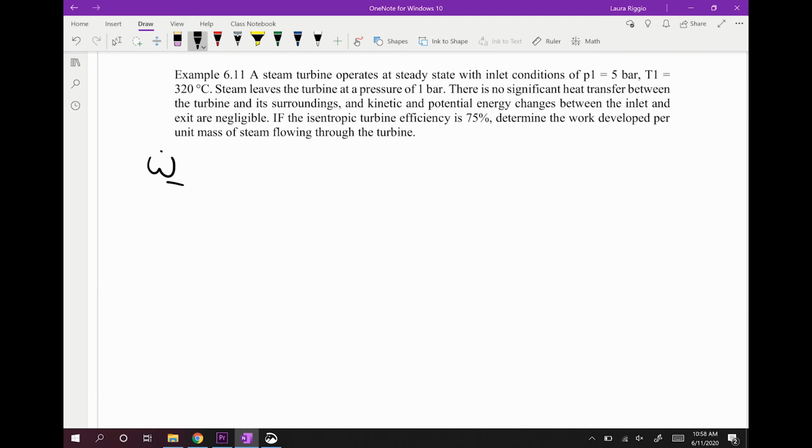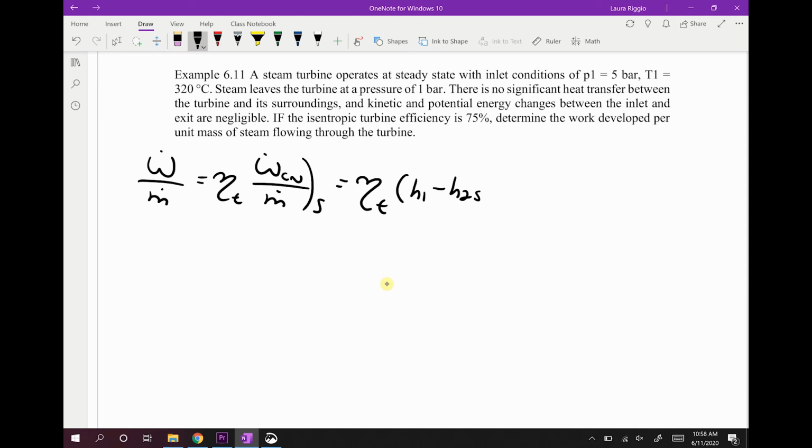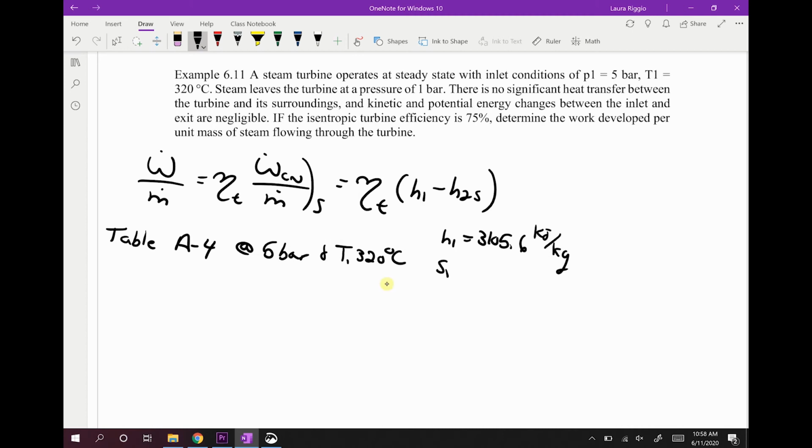So we want to find our work per unit mass, which is equal to our turbine efficiency times our isentropic work, which is our isentropic efficiency times h1 minus h2s. From table A-4, at 5 bar and 320 degrees Celsius, we have h1 and we have s1.